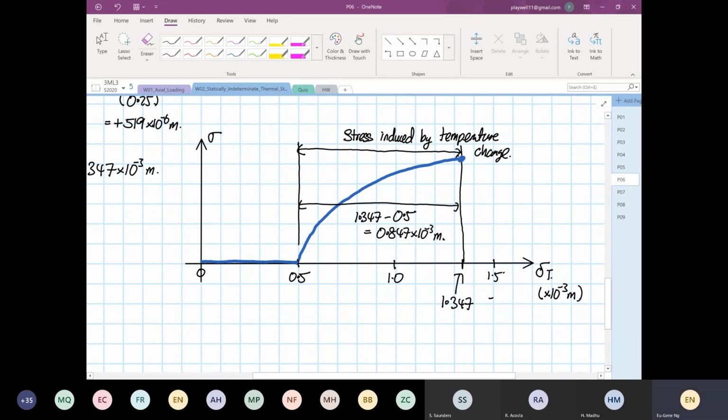Initially, we have a gap. When there's a gap, no one is touching at all. Then when the gap goes to 0, the structure will see a stress. Are we clear?